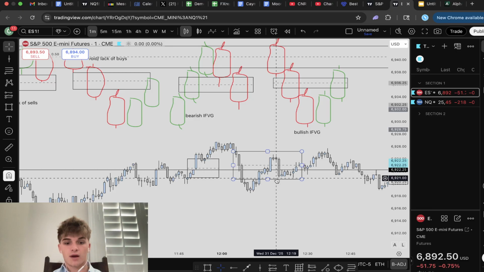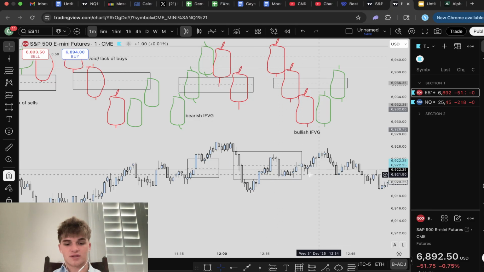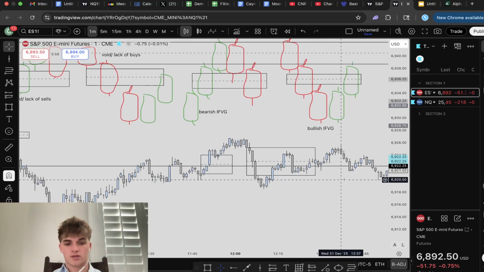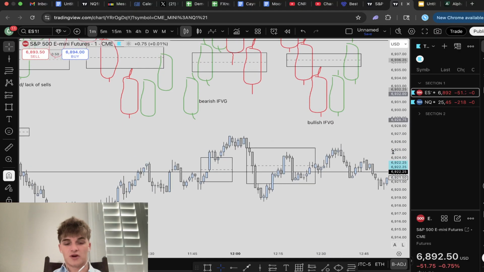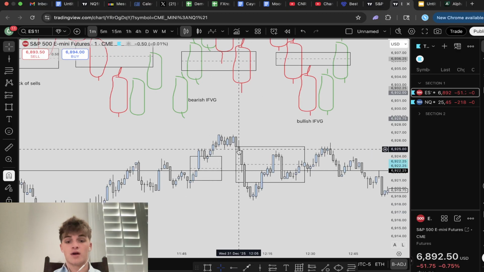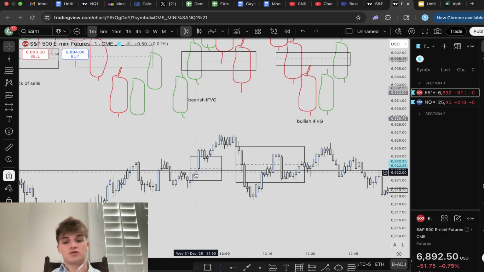So obviously we wouldn't use this as an example, because there's no draws to be trading towards, as I will hammer into your brain. These would have to be inverse, this one down here and this one up here, to then be an inverse fair value gap for all of these to be voided. But as of right now, it's a huge leg of bearish voided price action, and a huge leg of bullish voided price action.